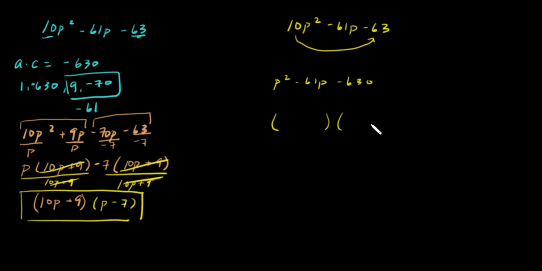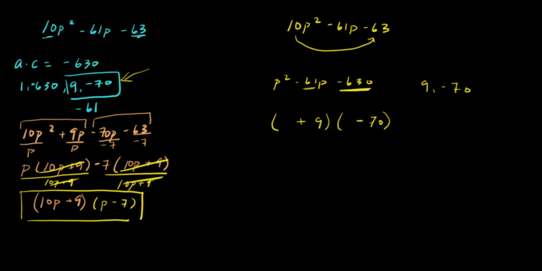Create my two binomials, positive and minus. Now I have to find factors of negative 630 that equal negative 61, and we've already done so here. It's a 9 and a negative 70. I'm going to put the 9 here because it's a positive and the 70 here because it's a negative.